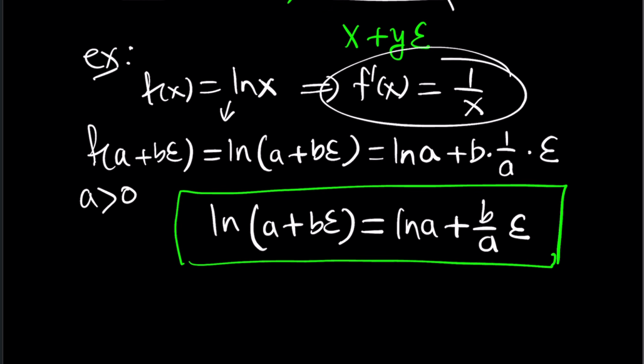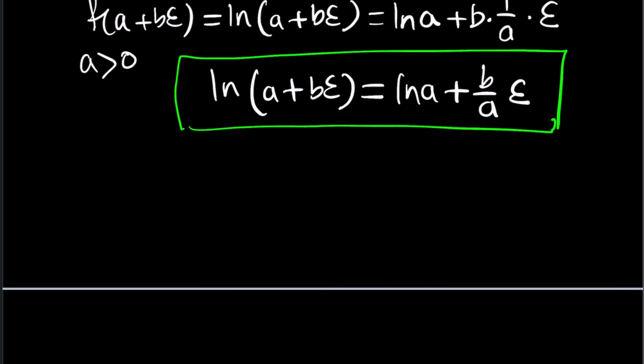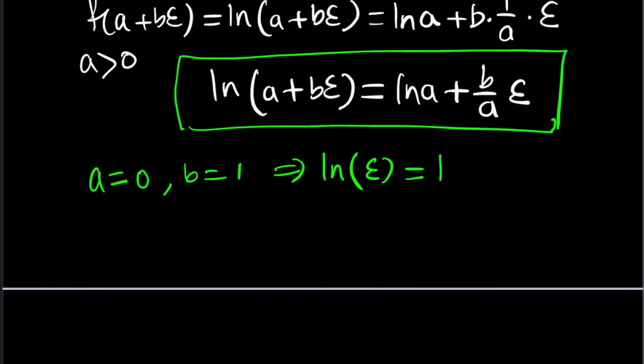Does that make sense? In other words, if a is equal to 0 and b is equal to 1, what happens? You get ln of epsilon equals ln of 0 plus b, which is 1, over 0 epsilon.